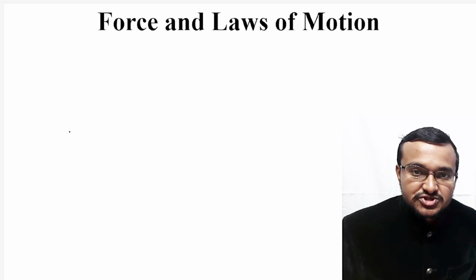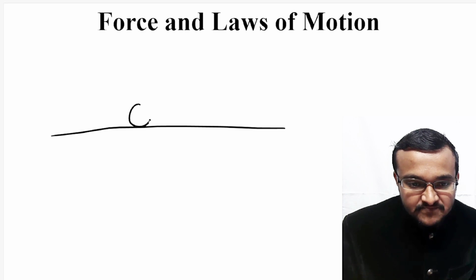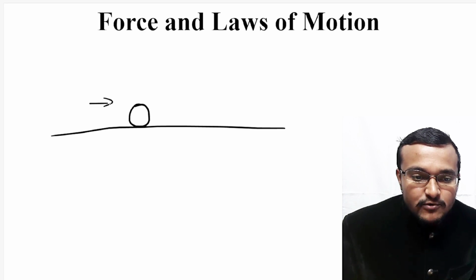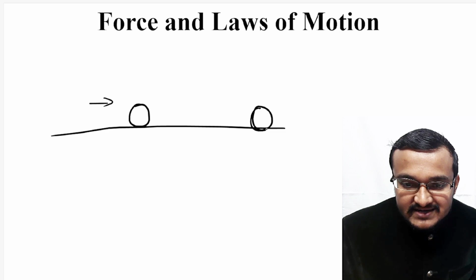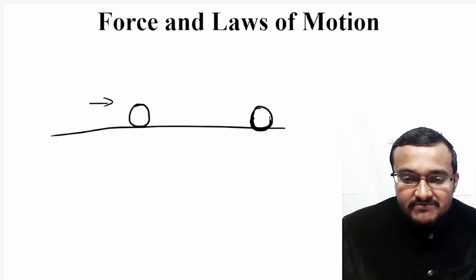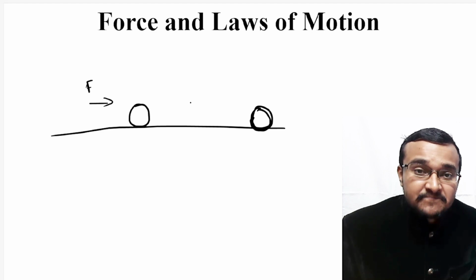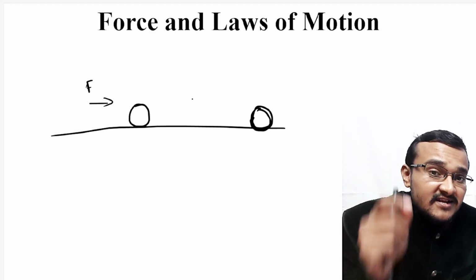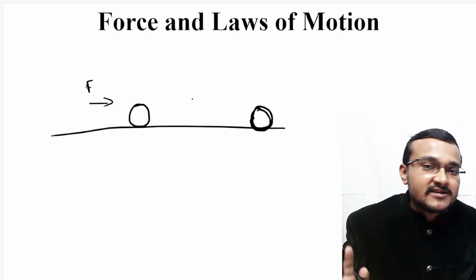So in practical situations, what happens is that if you have a surface like this, and if you put a certain amount of force on this object, after traveling a certain distance, this object comes to rest. Why? Because the frictional force on this surface will be acting opposite to the applied force.